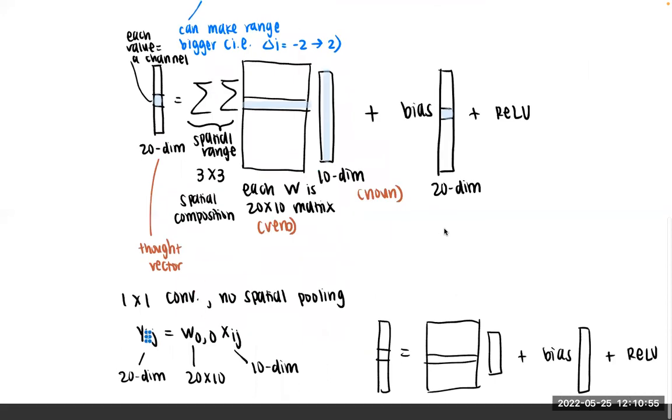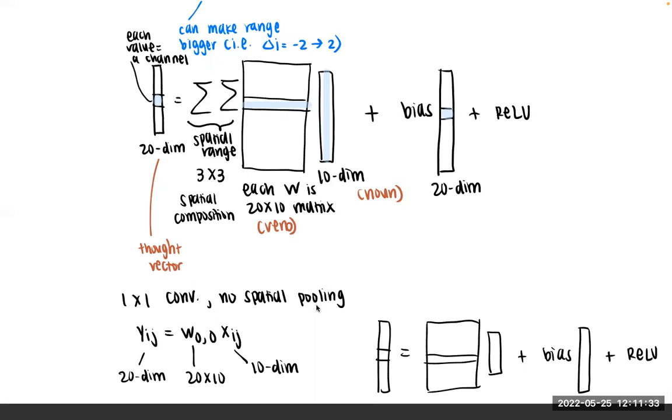At each position ij, this is similar to a multi-layer perceptron: you have this vector multiplied by this matrix. So at each position, you have a multi-layer perceptron type of operation. Sometimes this is also called a network within the network.